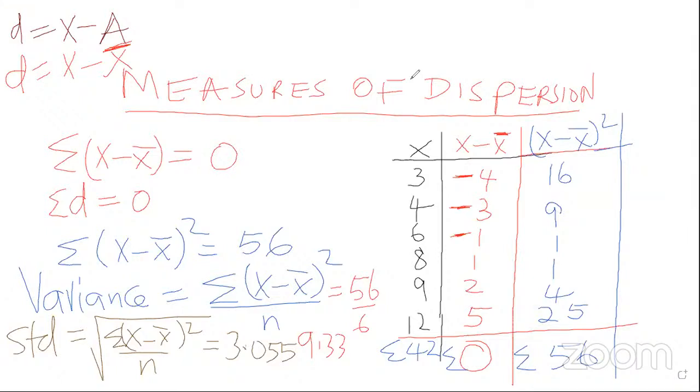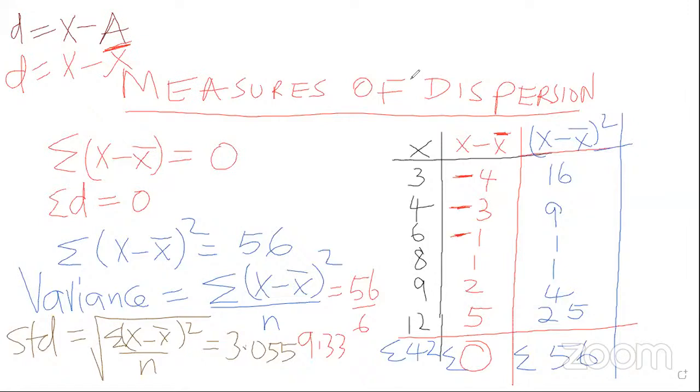The original number was x, but after subtracting, we have squared. So to go back to the original units, which were x, we take the square root of the variance. And once we obtain the square root of the variance, that number is known as the standard deviation.